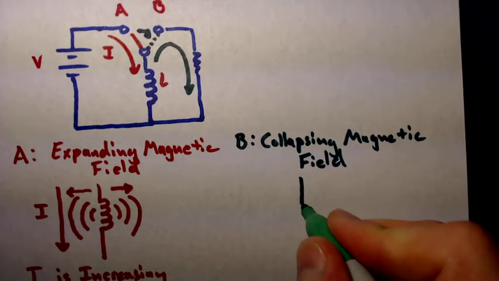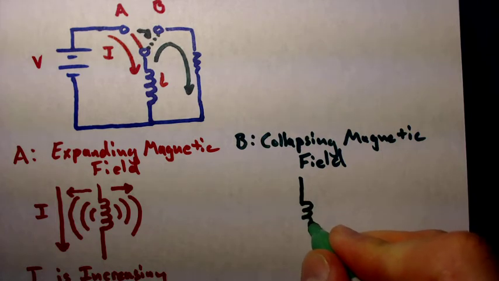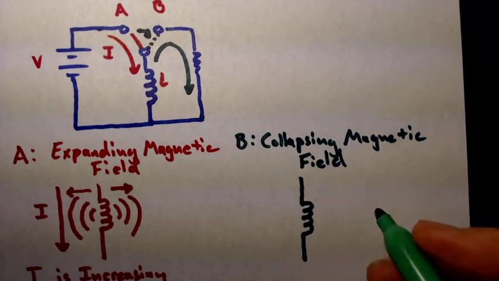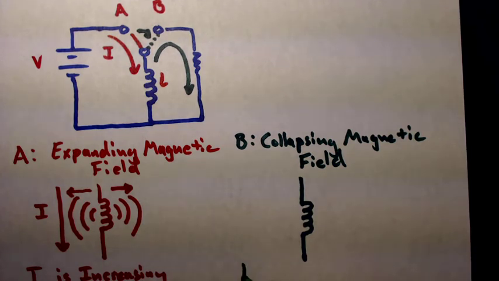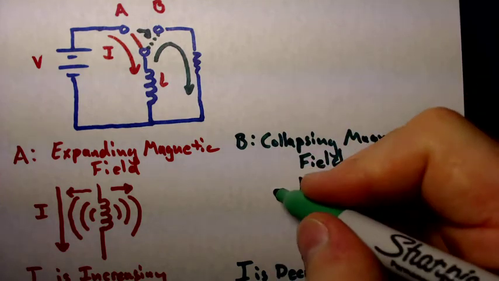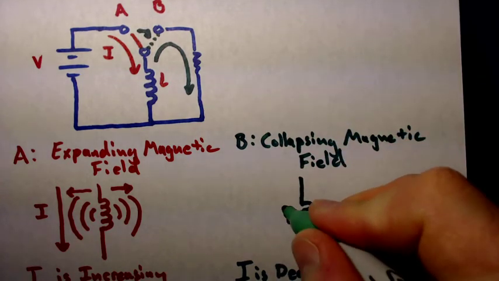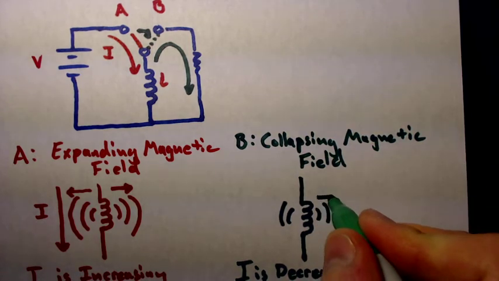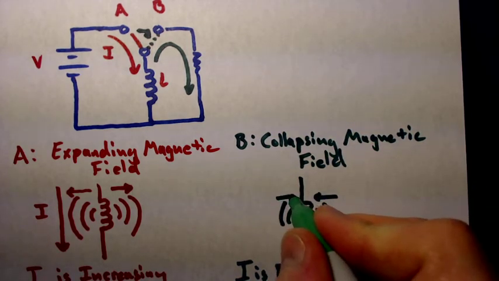So let me draw another inductor, and let's say I is decreasing, and now our magnetic field is collapsing.